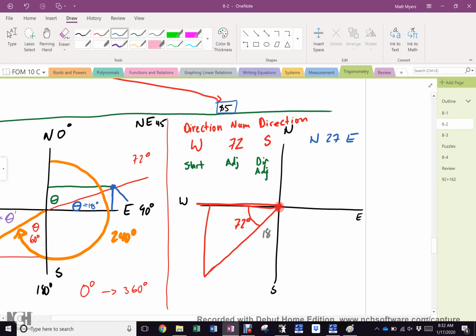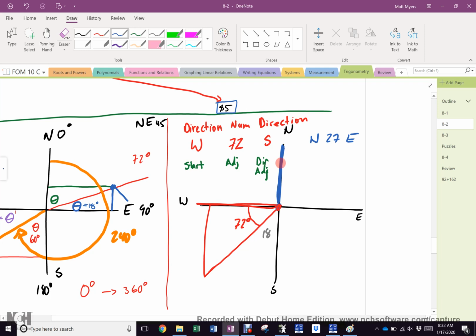How should I draw this? Jacqueline. So north is the direction I should have started, so I should start up this way. But I didn't walk north, did I? I adjusted 27 degrees in which direction?